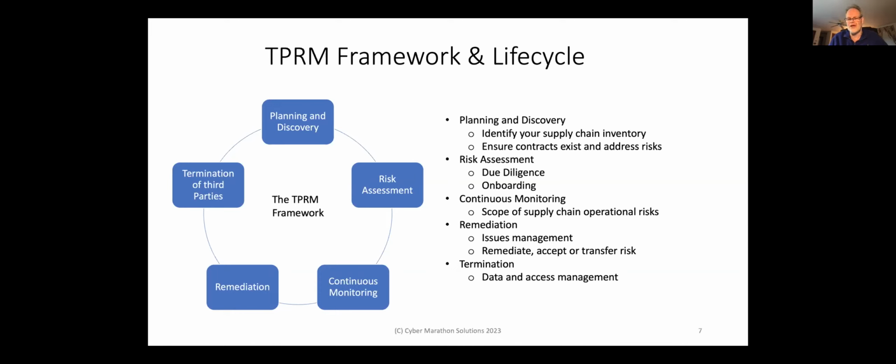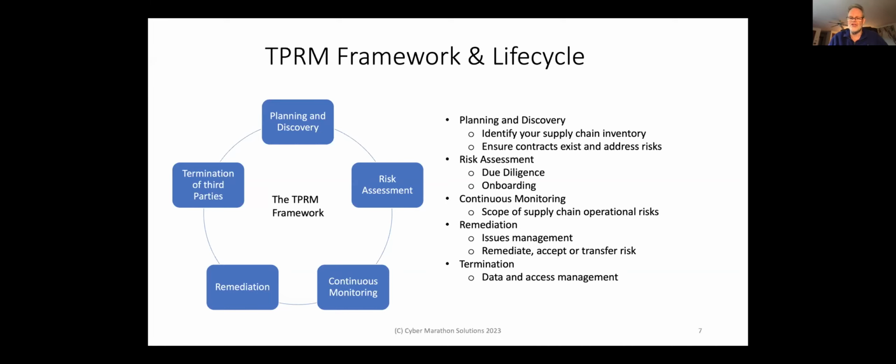When it comes to accepting risk, one of the important things that you need to do is the business can't just say, okay, I accept the risk. The business hired the third party. The business is accountable and responsible for what happens with that third party. And if there are issues that cannot be remediated, then compensating controls must be put in place to offset the risk.